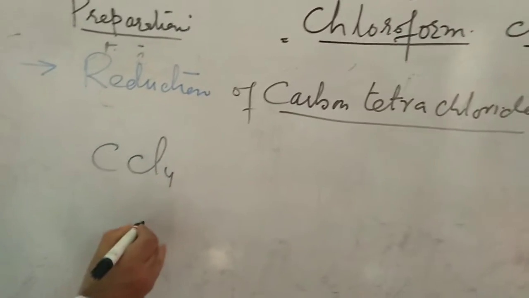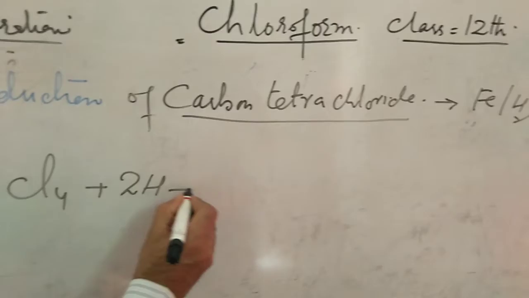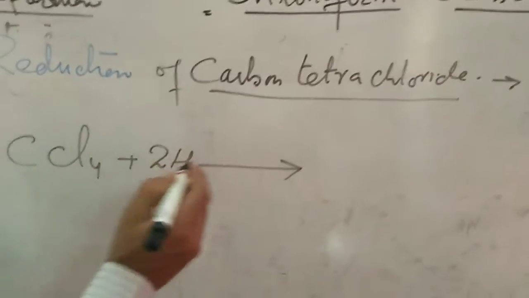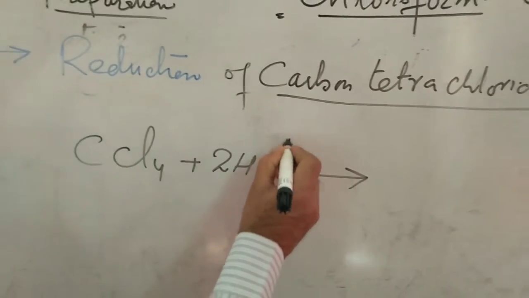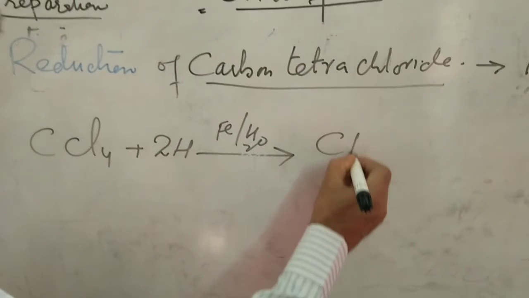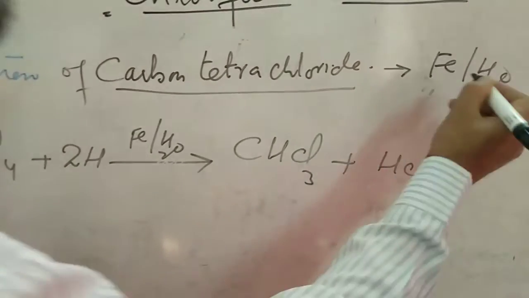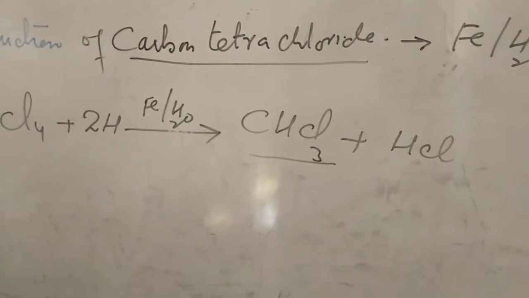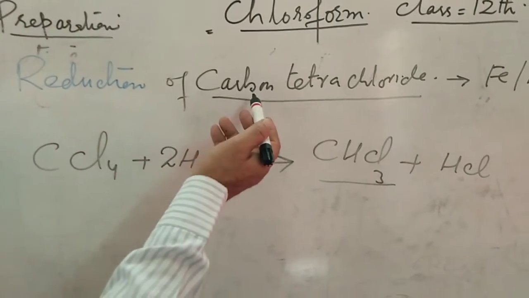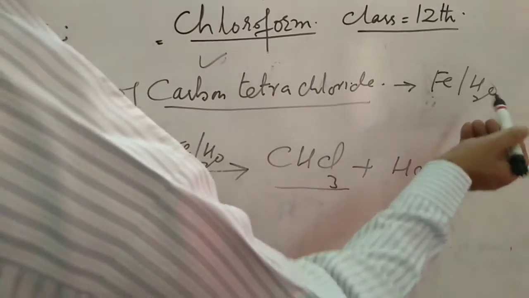Carbon tetrachloride plus H2 gas, or you can write 2H, in the presence of iron filings and water, that is steam, gives chloroform plus HCl gas. So here you get your chloroform. This is the second preparation, by reduction of carbon tetrachloride in the presence of iron filings and water.